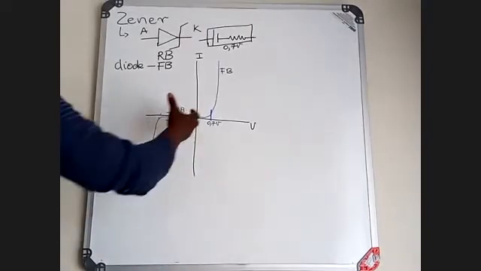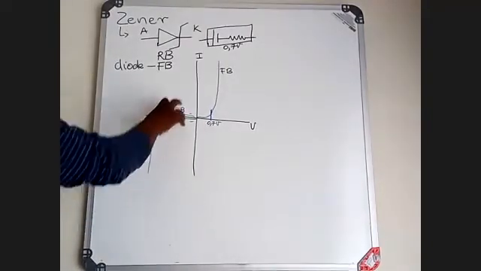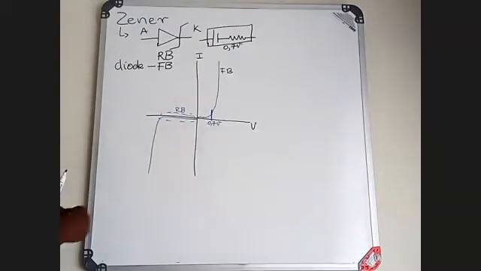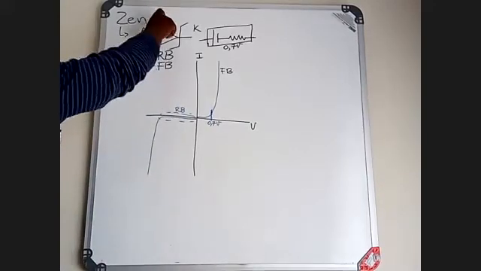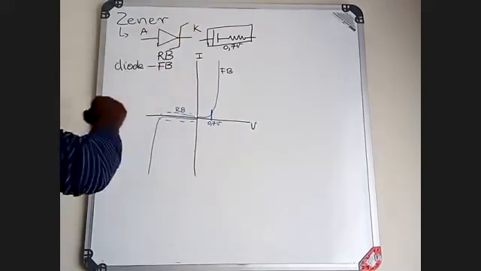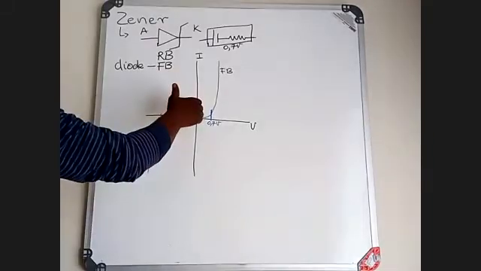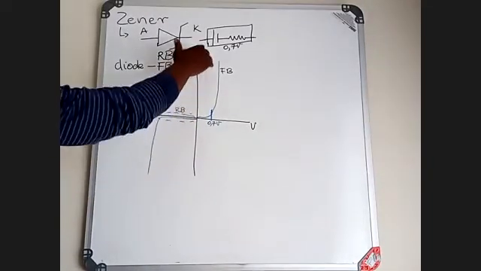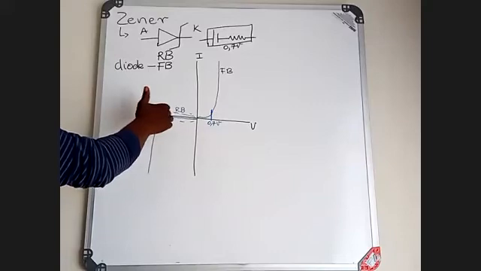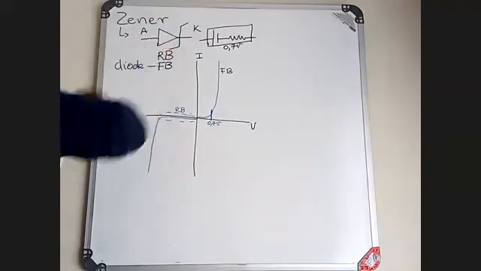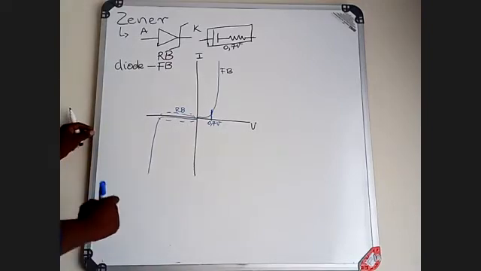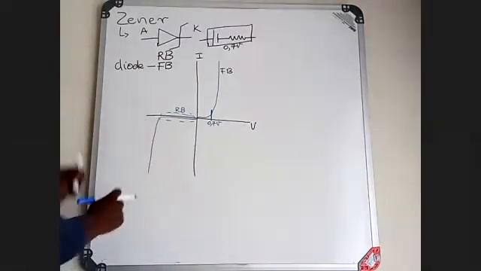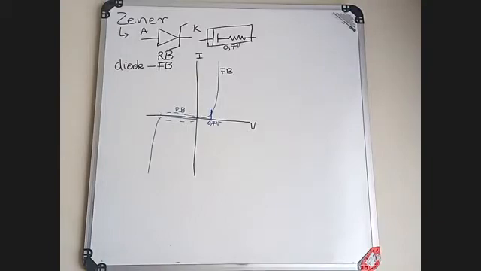We neglect this part here because there is no current allowed to flow within this component. But the Zener diode operates when it is in reverse bias mode. On a normal diode during reverse bias, that is when your Zener diode starts to operate, but it operates with respect to what we call a breakdown mode.